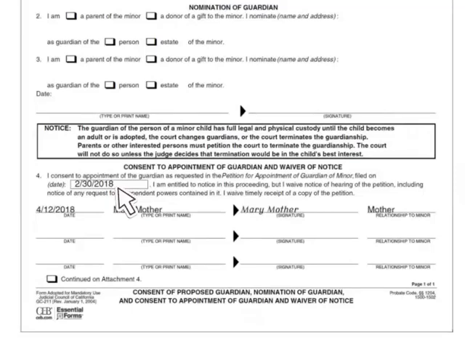In the box after the words, I consent to appointment of the guardian as requested in the petition for appointment of guardian of minor filed on date, write the date that you filed your petition with the court. Below that, each person who consents and wishes to waive notice dates on one line where indicated, prints their name, signs, and in the final line indicates how they are related to the child or children for which you are seeking guardianship.